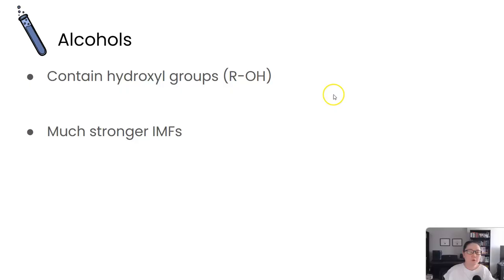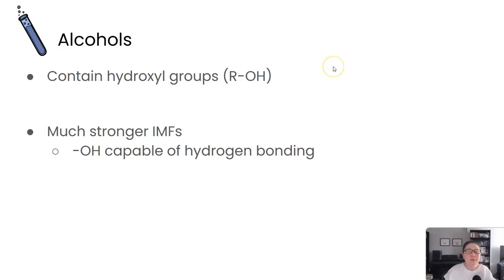Now, as opposed to most of what you've seen so far, alcohols actually have much stronger intermolecular forces than your regular alkanes or alkenes are going to have. And that's because of that hydroxyl group. If you take a look here, this is an oxygen that also has a hydrogen to it, and so you're going to be able to perform hydrogen bonding when it comes to alcohols.